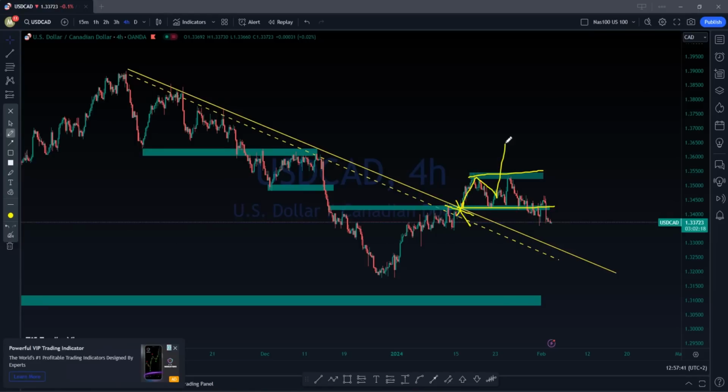Is the market continuing pushing up? If not, it means the market will be consolidating here. And if it consolidates here, it means something is happening. If it breaks this support, it means the market is trying to continue with the previous trend. If the market comes back and breaks this resistance, it means that is going to be a continuation of that buy.